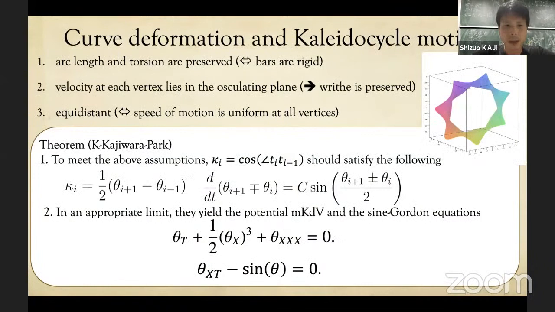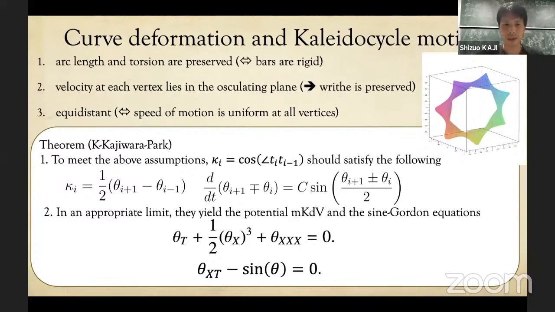This theorem is obtained with Kajiwara and Park, which states that basically we can discretize the mKdV equation to obtain constant torsion isoperimetric deformation of discrete space curves. And also we can get a discretization of another PDE called the Sine-Gordon equation to describe this motion of Kaleidocycles.